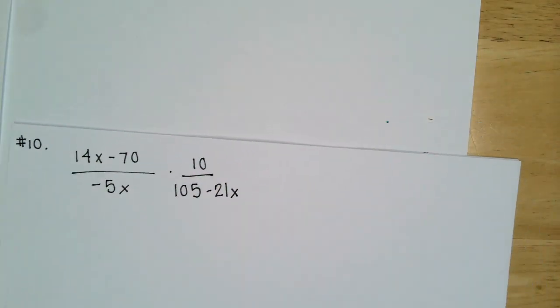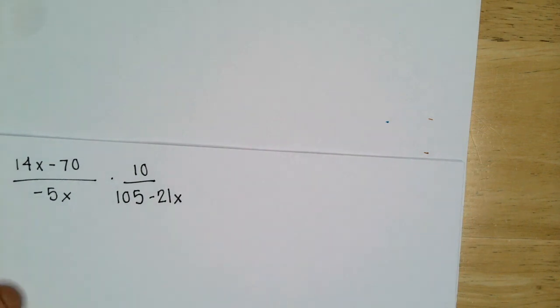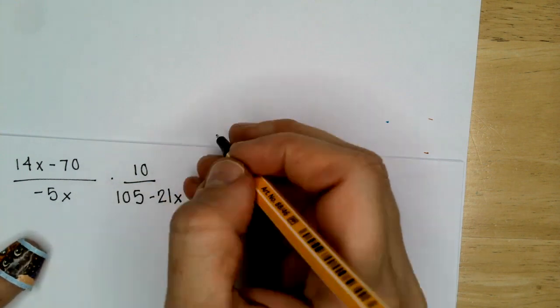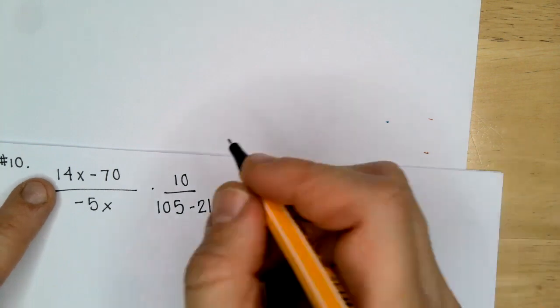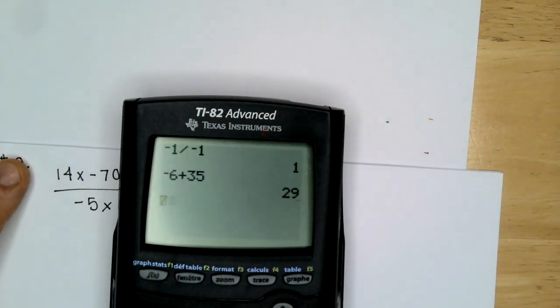So I'm thinking, I'm trying to factor things out, right? Trying to simplify the answer. The more I factor things, the more easily I'll be able to see what factors out. So 14x minus 70, I kind of want to see if I can take 70 and divide it by 14.